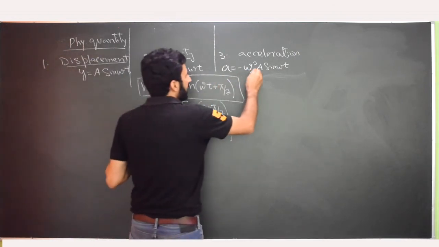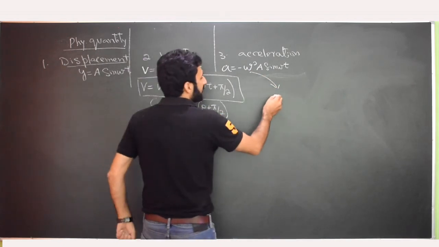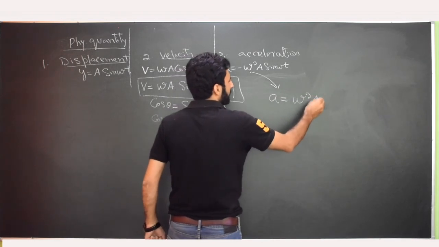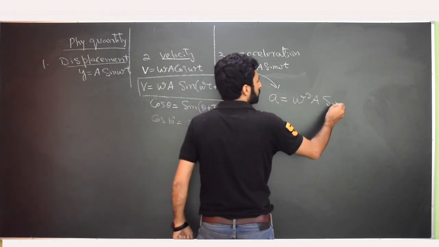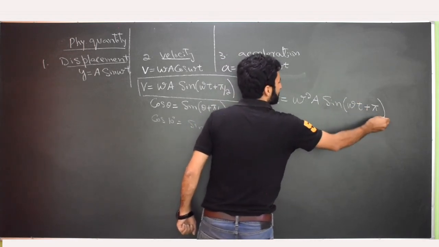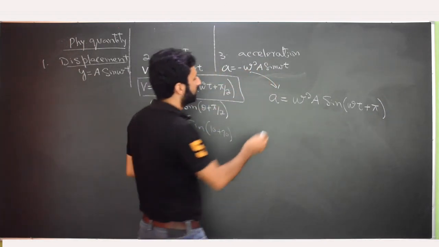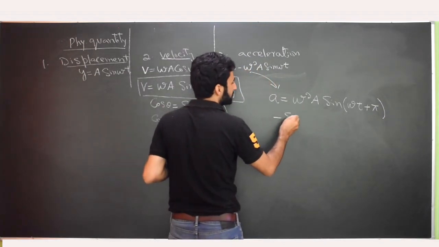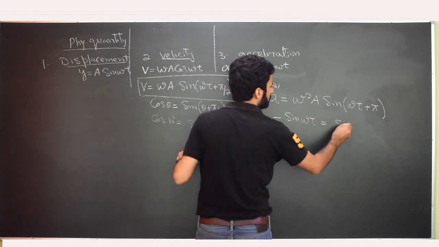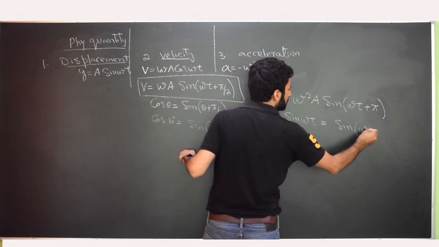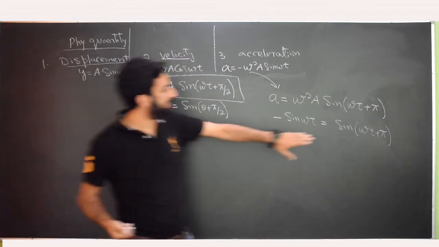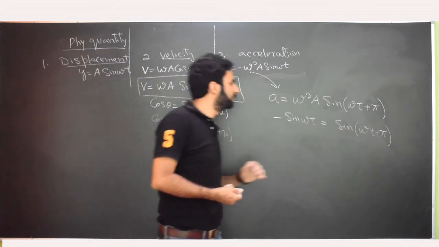And similarly for acceleration, I can write acceleration is equal to omega square a sine of omega t plus pi. Because what I have done is I have written minus sine of omega t is equal to sine of omega t plus pi, because after a change of 180 degree, the sine inverses its value.